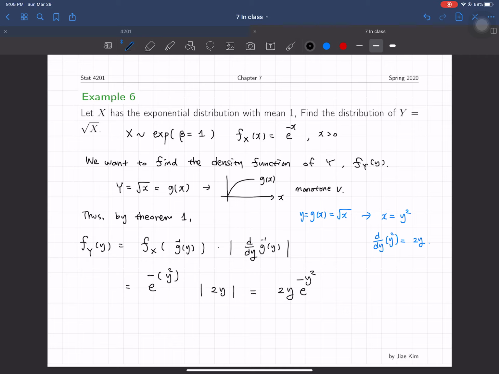Y is the square root of x, and whenever x is positive, y is positive, so it gives us the natural support for y on the positive interval. I'm just stating the same: the distribution of Y is given as 2y e to the minus y squared for y greater than 0, and 0 outside of the positive interval.